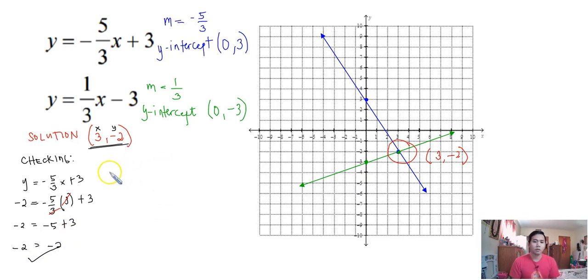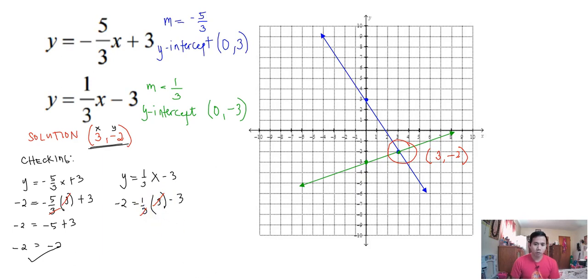However, don't relax there because you have to check the second equation that we have here. So the second equation is y = 1/3 x - 3. So your y, again, is -2, equal to 1/3 times the value of x, which is 3, minus 3. Of course this will be cancelled here.